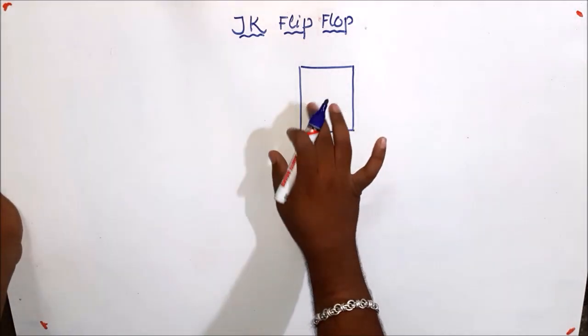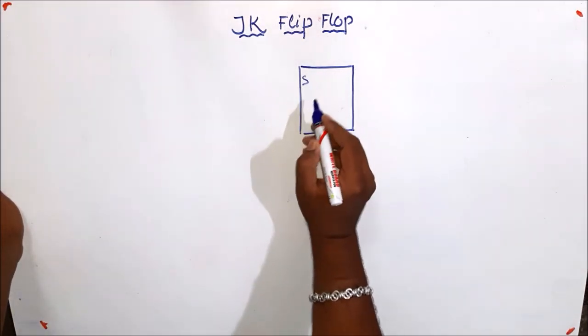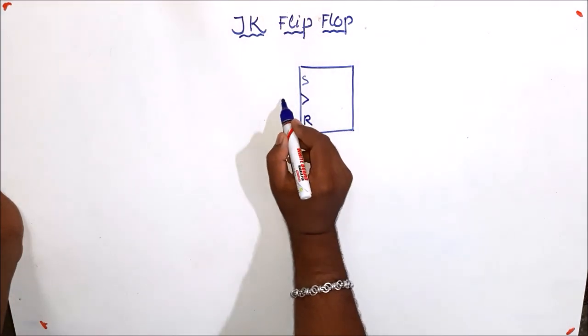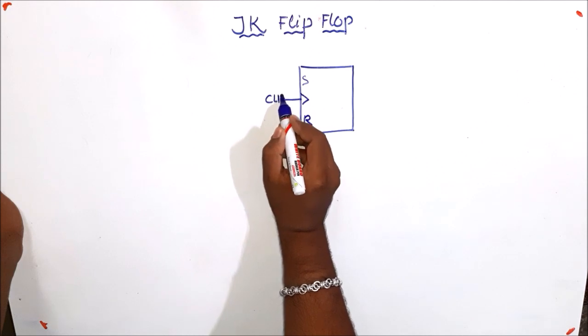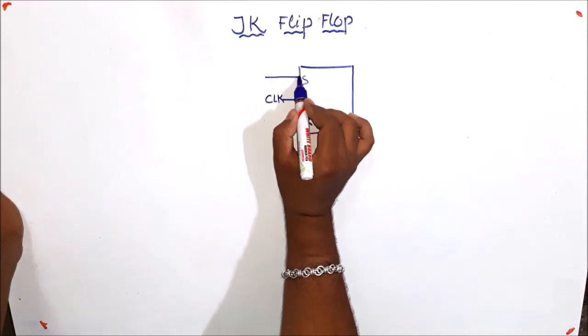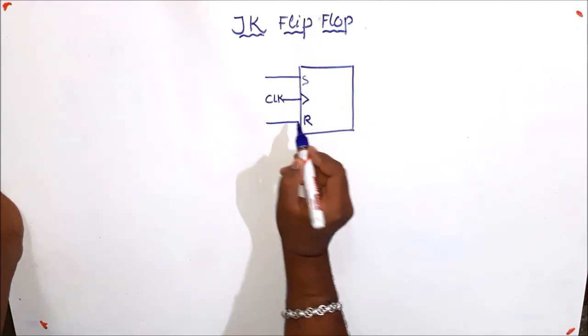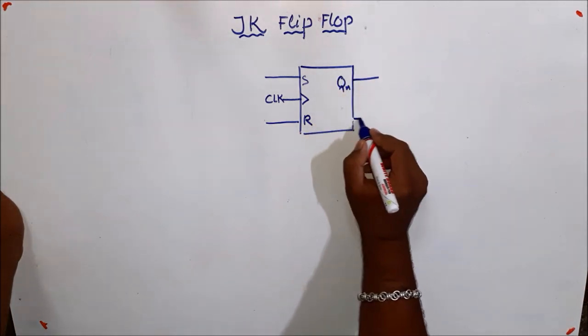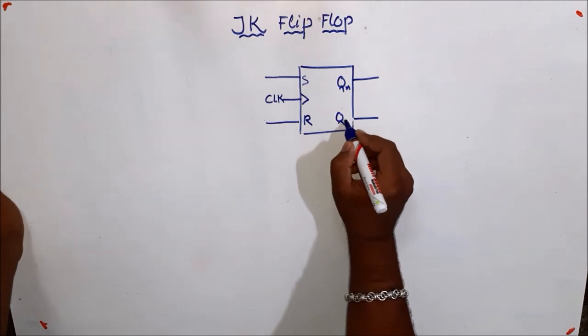Let us consider this is a flip-flop which is called SR flip-flop, and we'll have a clock input here. This is my S terminal, this is my R terminal, and the output is Qn, and the other one is Qn complement.